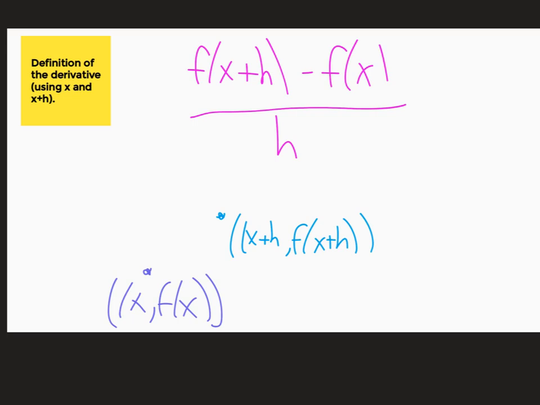And what we're doing is we're trying to drag this point closer and closer and closer so that eventually it's all but on top of this. Because if I find the slope of the line between the 2 points that are basically on top of each other, that's going to be the slope of the curve at that specific point.